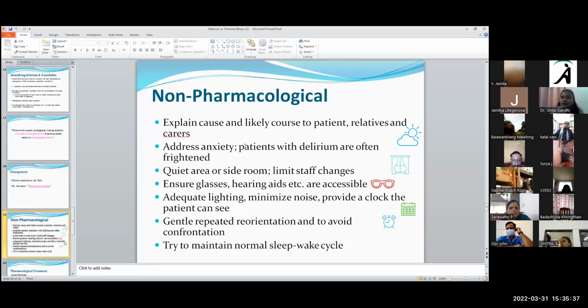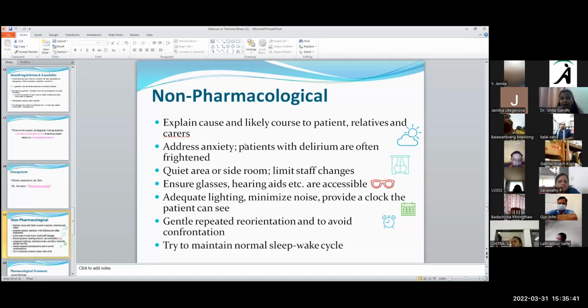Ensure that the glasses or the hearing aids of the patient are easily accessible, because at this time, if the patient is not able to see clearly or hear clearly, then it will add to the confusion. Adequate lighting should be present. Adequate ventilation should be present. Provide a clock in front of the patient so that the patient can orient himself or herself with the time.